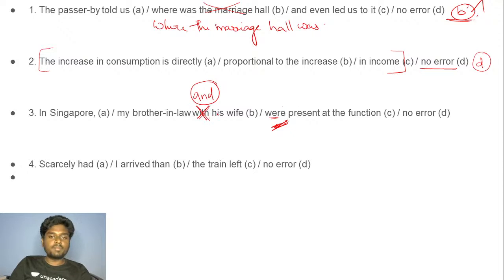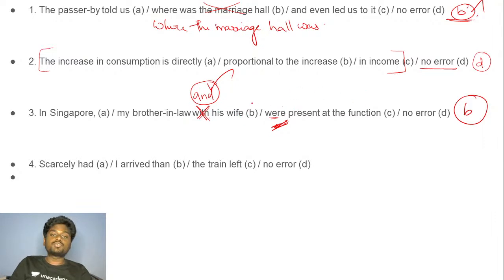The choice of replacing with by and will give you a proper sentence. So I would say the real error is with part B, and it should be like, in Singapore, my brother-in-law and his wife were present at the function.